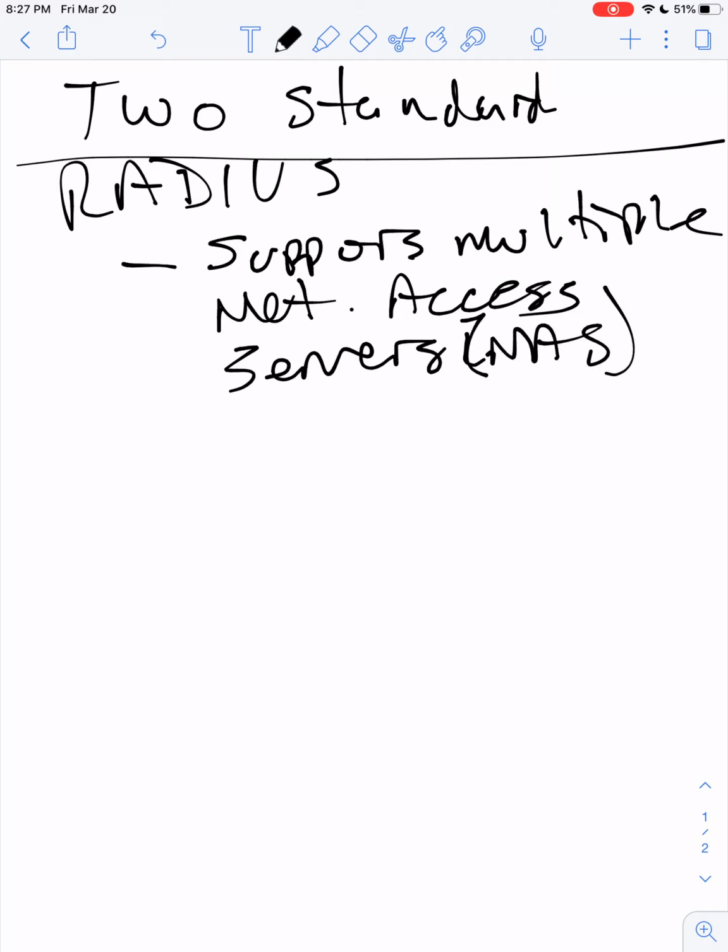It's important that you have 2 of these on your network. The protocols it supports are PAP, CHAP, and MS-CHAP.